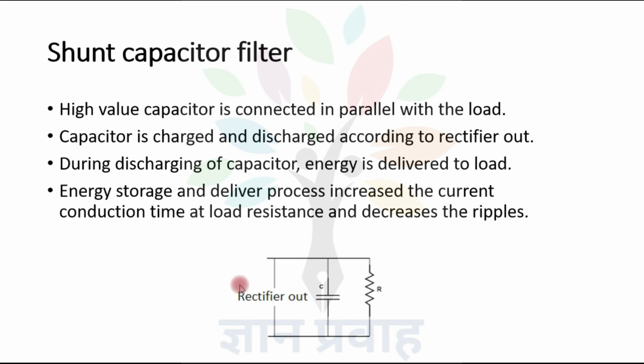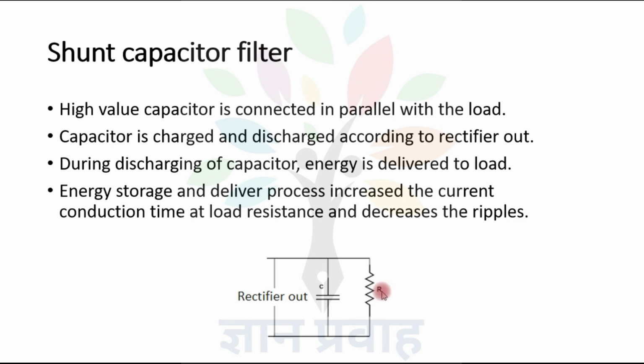So the capacitor is charged and discharged according to the rectified output. If the rectified output is increasing, then it will be charged. If the rectified output is decreasing, then it will be discharged, and it will be discharged to the load resistance, or energy is stored in the capacitor and dissipated at the load resistance.